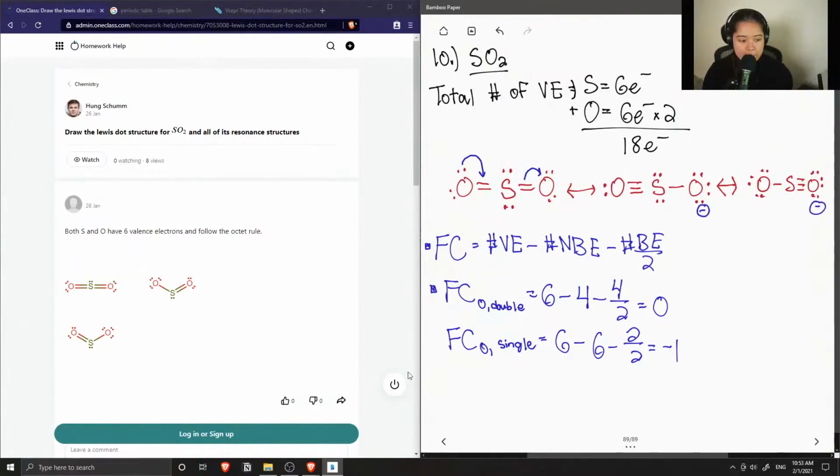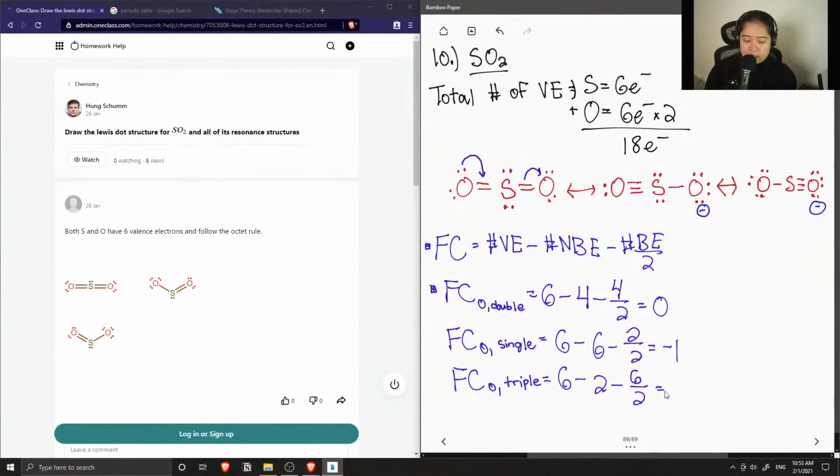And we can also calculate the formal charge of a triple bonded oxygen. So again, there are 6 valence electrons. There are only 2 non-bonding electrons, and there are 3 bonds to the oxygen. So we have 6 bonding electrons divided by 2.